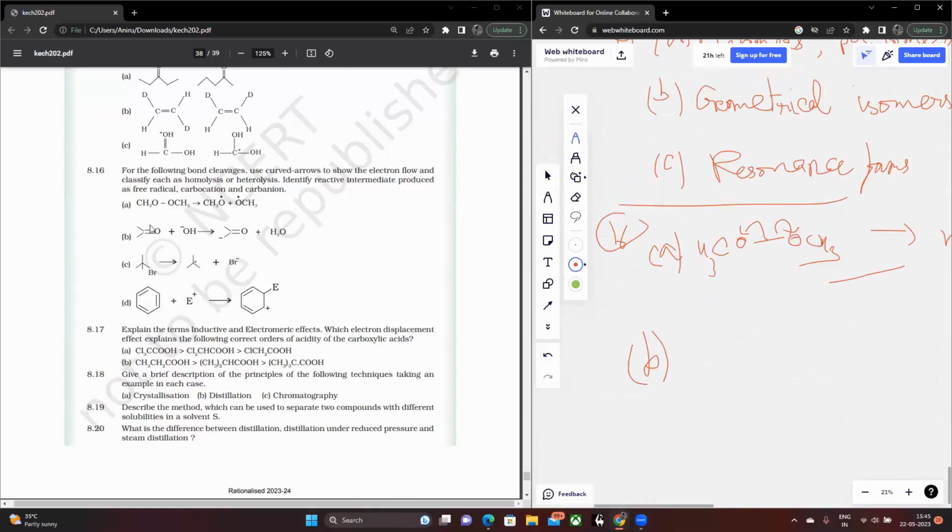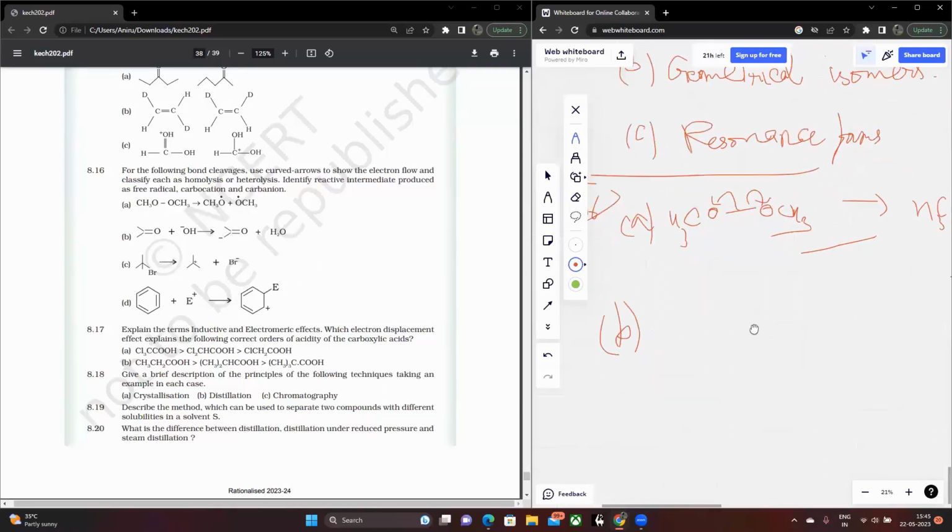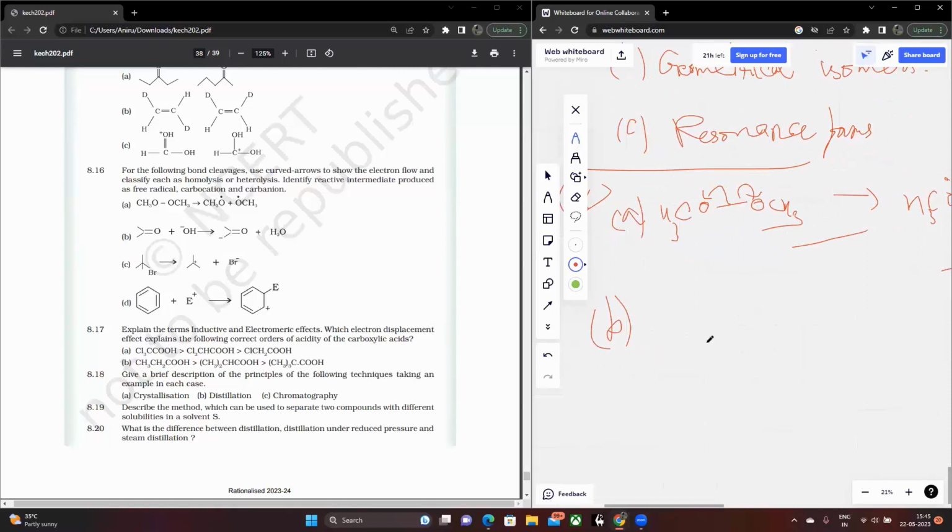Sorry for that. B, it's a ketone being attacked by a hydroxy group, right? And this hydrogen is basically extracted. Here there is a carbanion. So the cleavage that is produced is C-H bond cleavage, right? I'll draw the 3 C-H bonds.